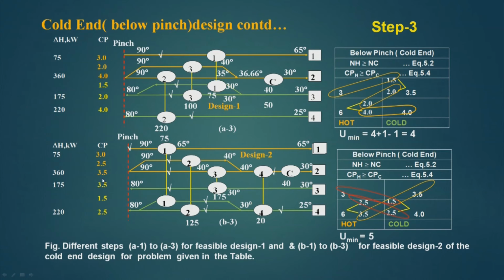So, if I break it by 3.5 and 2.5 and then transfer this heat from here to here, I will be able to tick off this completely. So, this has been broken in two parts 3.5 and 2.5. So, when I fix up 3.5, obviously the other part will be 2.5. So, I have split it like that and then transfer this heat, 175, here. Okay. So, the outlet temperature here will be 40 degree centigrade. So, 40 minus 30 is 10 degree centigrade.